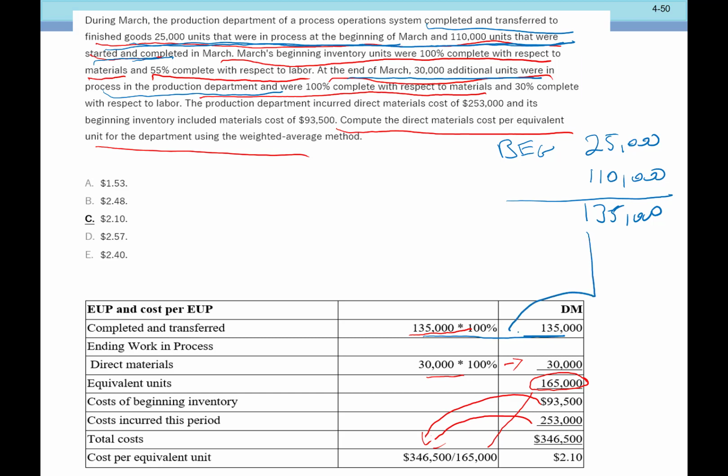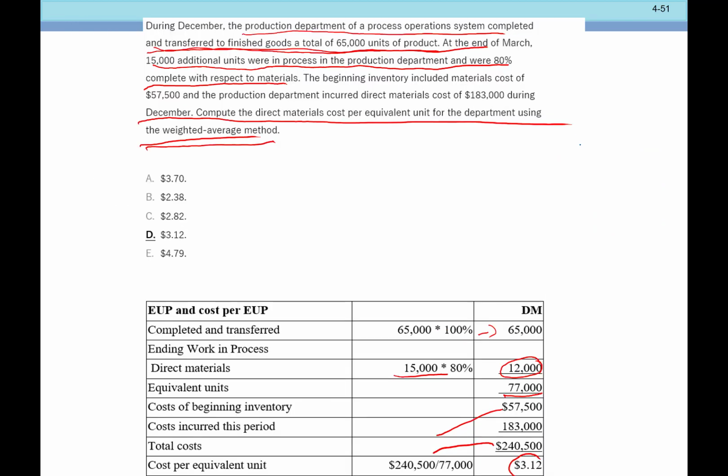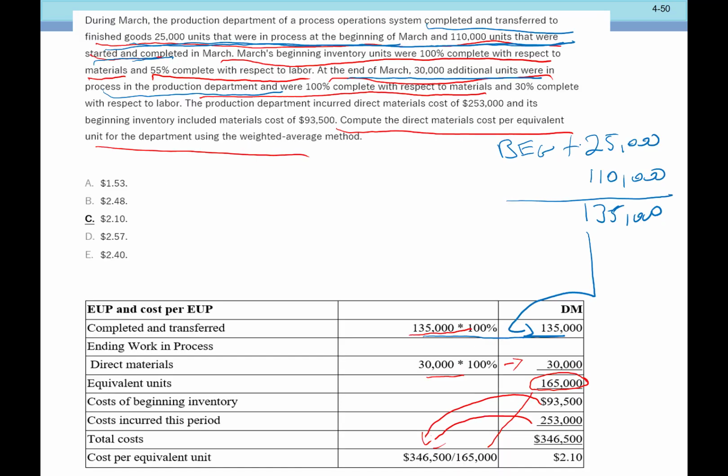You can't just take off the ending inventory here because you only get the 110 if you do. So you pick up the 25,000 plus the units that were started and completed, and we have to assume that we finished the 25,000 units in beginning inventory. So that's where they got that 135.